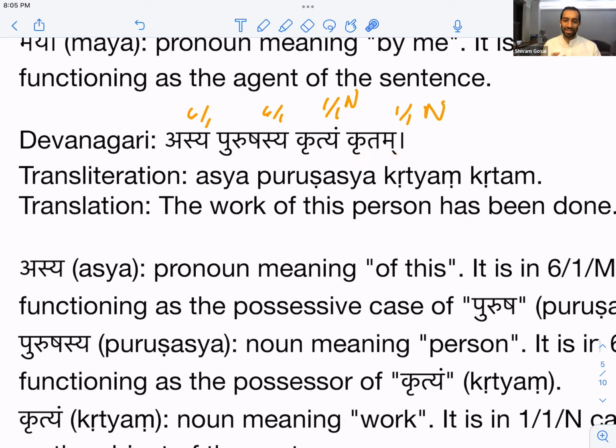Okay, now let's put this all together. What has been done? Krityam is kritam. The work or the duty has been done. Whose? Asya purushasya kritam. The duty of this person has been done.